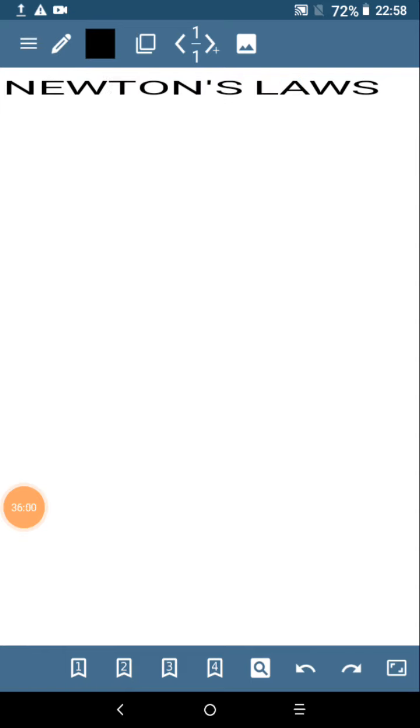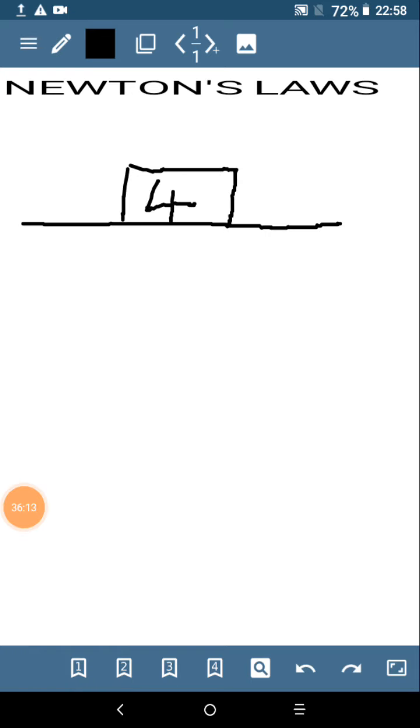Let's first talk about an object on a horizontal table. Let's say that one is 4 kg. So let's connect it to another object, guys.